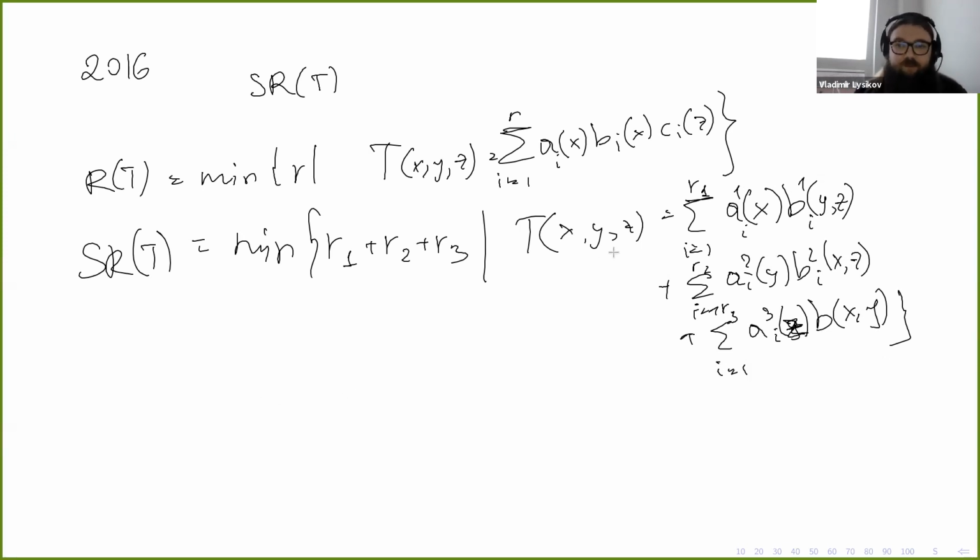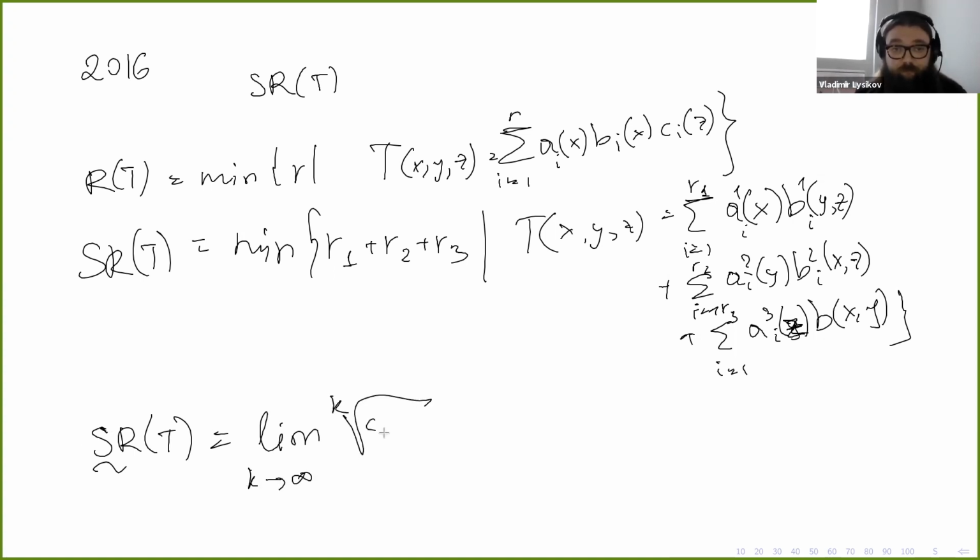Now, this slice rank can also be used in this construction, which gives us a nice function of tensors that we want.